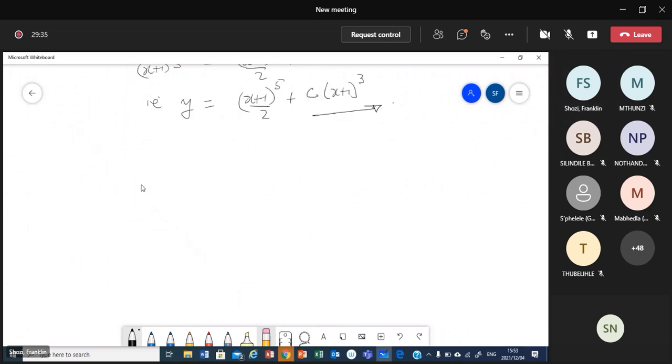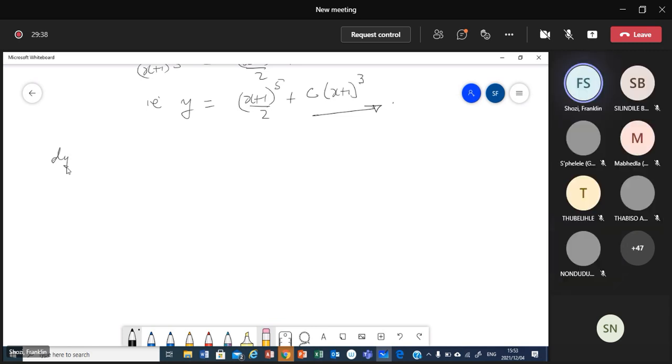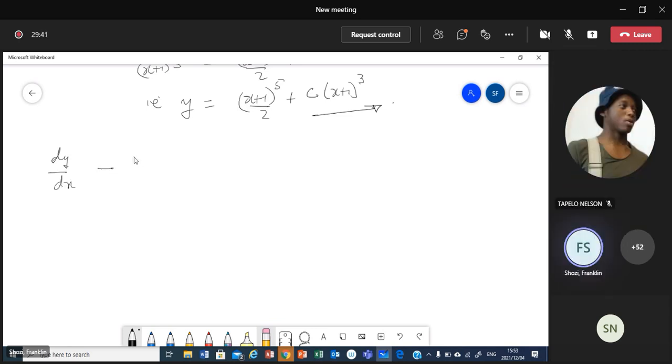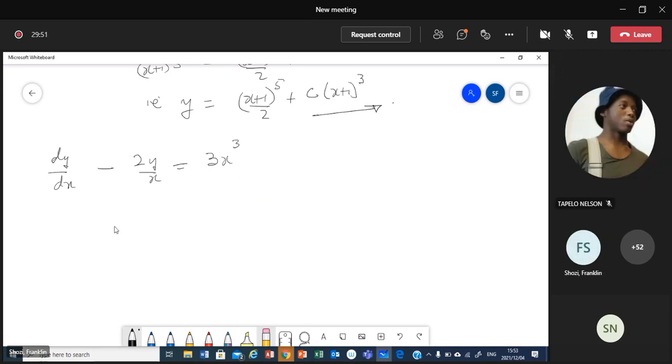Let's try this one. dy over dx minus 2y over x is equal to 3x cubed. Right? If you work that one out, is it linear? Yes.